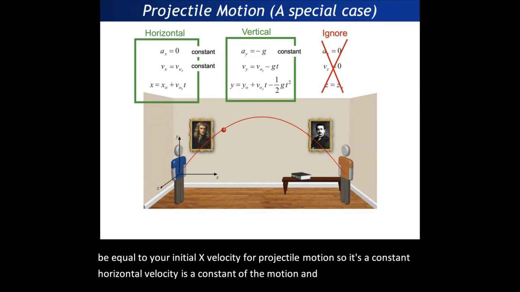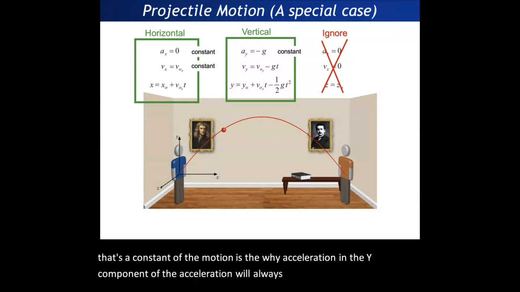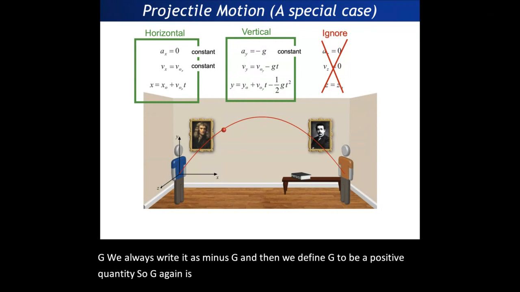The other thing that's a constant of the motion is the y acceleration. The y component of the acceleration will always be equal to minus g. We always write it as minus g, and then we define g to be a positive quantity. So g is equal to 9.81 meters per second squared, the acceleration due to gravity near the surface of the Earth.